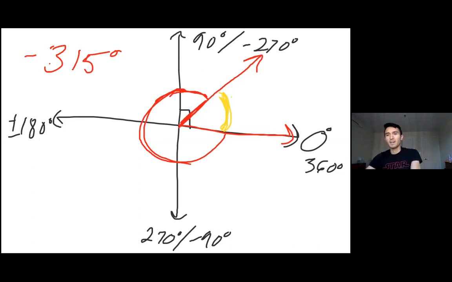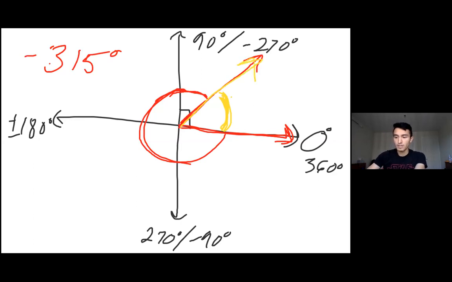How you really talk about it is, you notice the initial side, the starting point, is always at 0, right? This yellow angle, it's obviously a different number from the negative 315, but this yellow angle actually shares the same terminal side too, right?